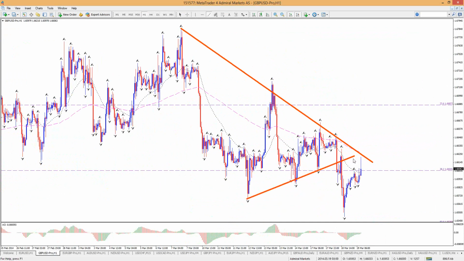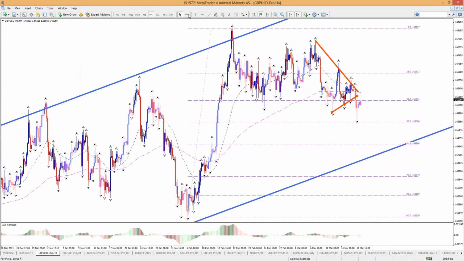So basically, this pound dollar hourly broke this triangle here, and we pulled back to the triangle and went down. And where did it go down to? Well, it went very close to the 50 fib. We definitely talked about the 50 fib and the potential for the price to bounce.